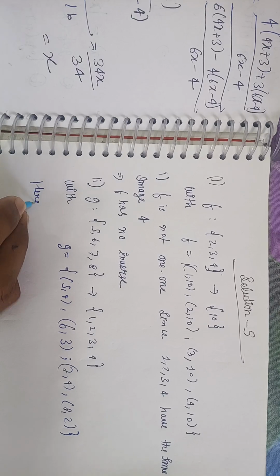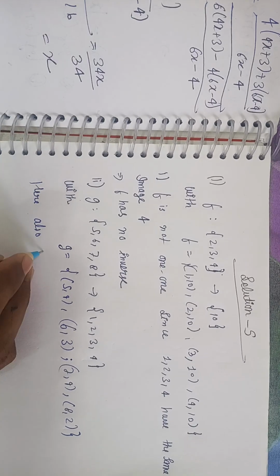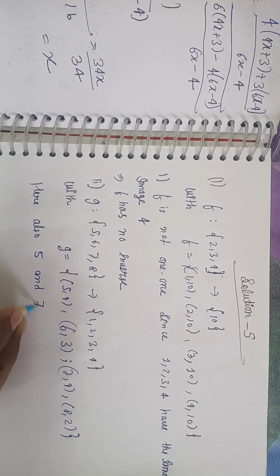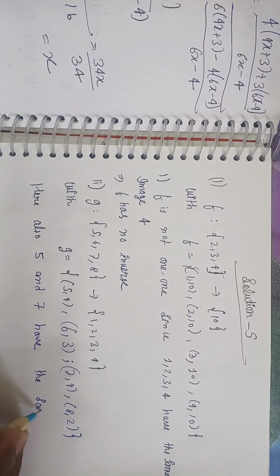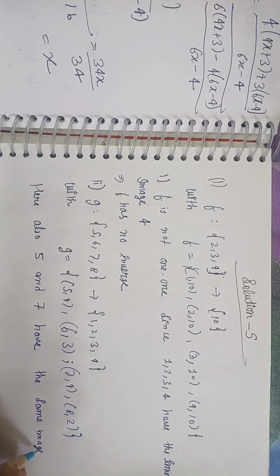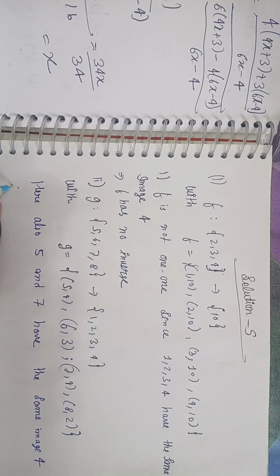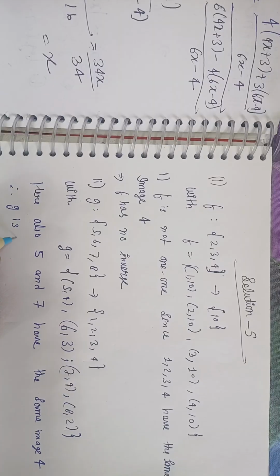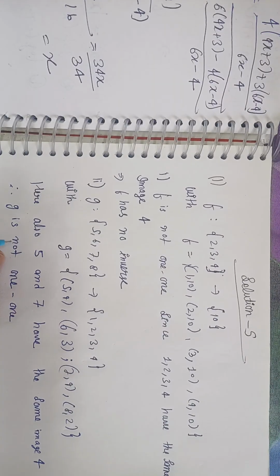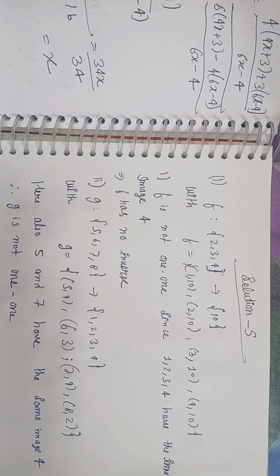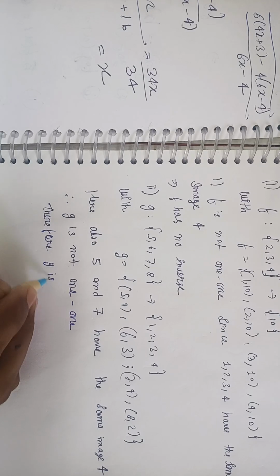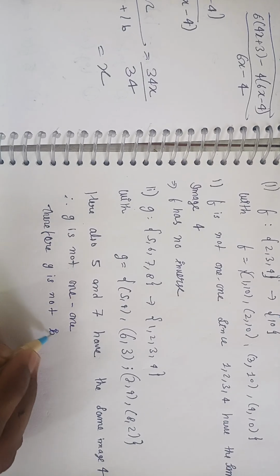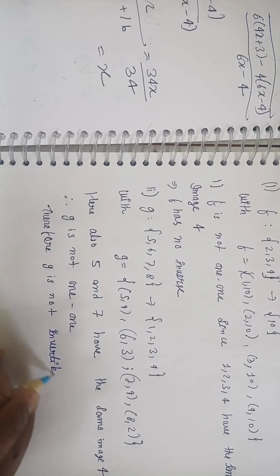Here also 5 and 7 have the same image 4. Therefore g is not one-one. Therefore g is not invertible.